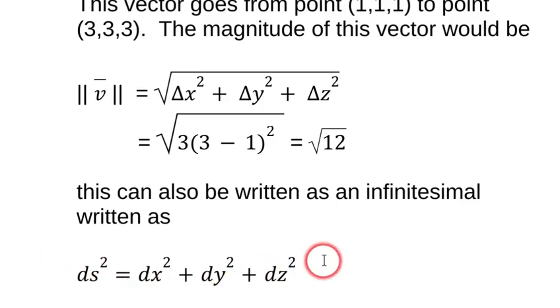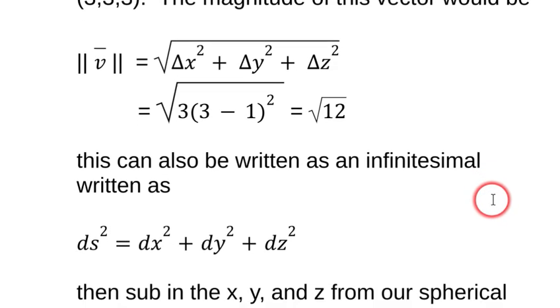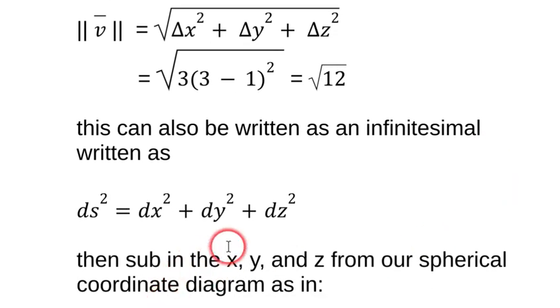This means that you're looking so close that you can define the section of that curve as a straight line. Not a straight line, a triangle that you can do this calculation on. So this is called the infinitesimal arc length. Now we're going to convert this into spherical coordinates, all right? So we substitute in our x, y, and z from our spherical coordinate diagram.